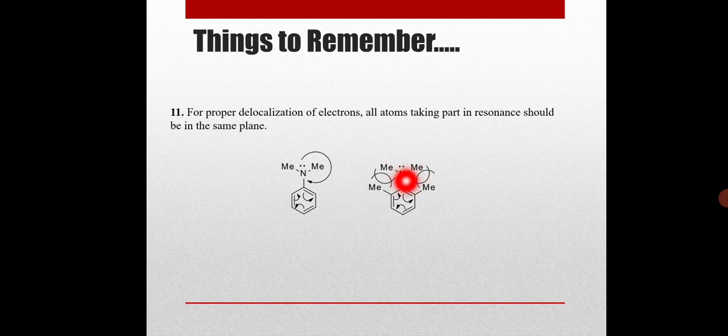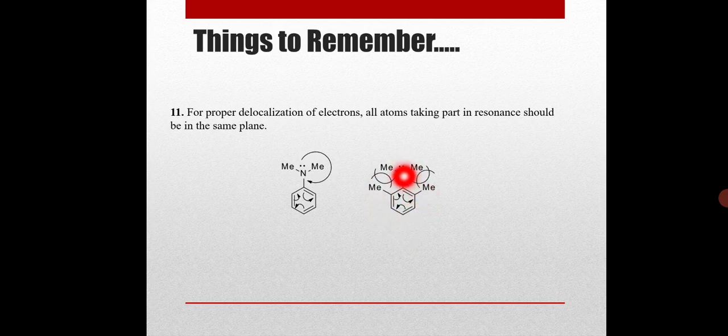This nitrogen atom goes out of the plane of the benzene ring. That means the benzene ring and the nitrogen atom are not in the same plane. The 6 carbons of the benzene ring and the nitrogen are not in the same plane.